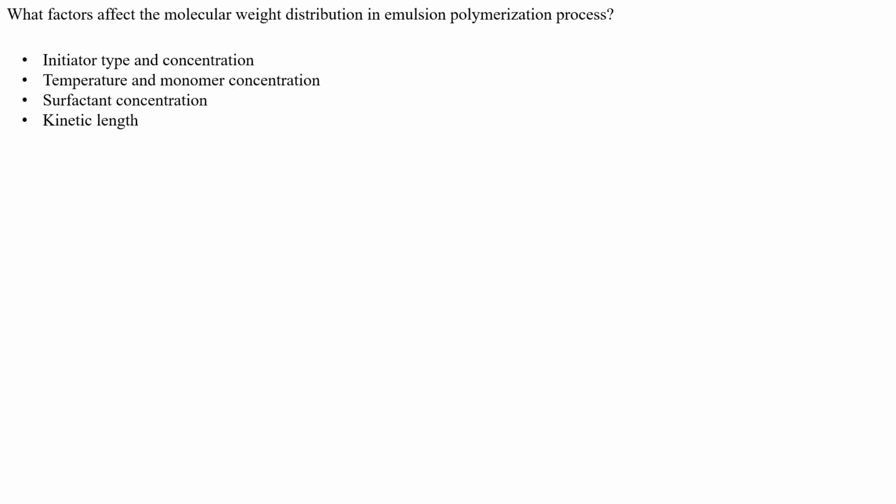Then we have: what factors affect the molecular weight distribution in the emulsion polymerization process? You can see from the options itself that the initiator type and concentration of the initiator will affect the molecular weight distribution, as the initiator will facilitate the growth of the polymer chain and describe how the different chain lengths are formed in the polymerization process, depending on what kind of initiator is being used.